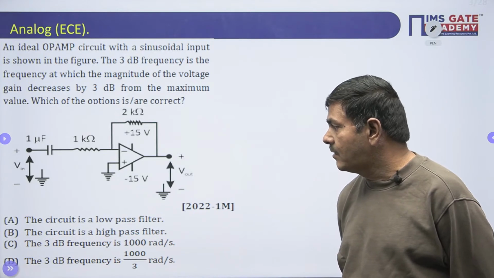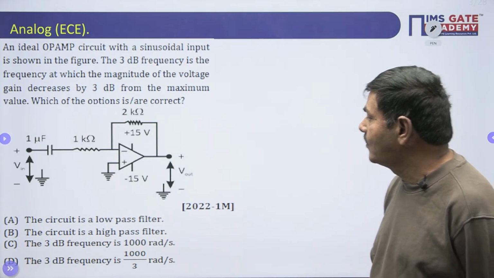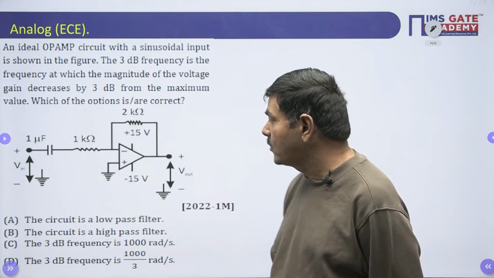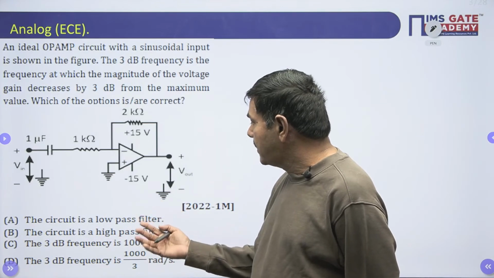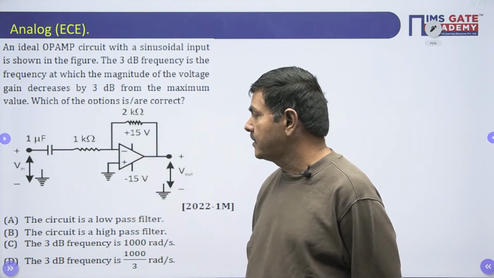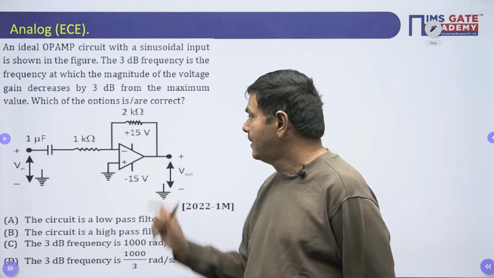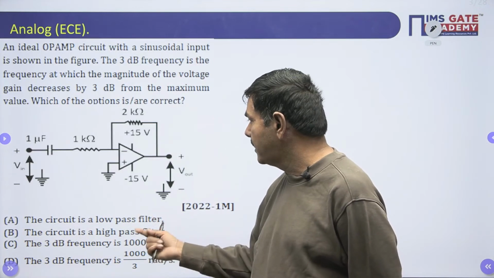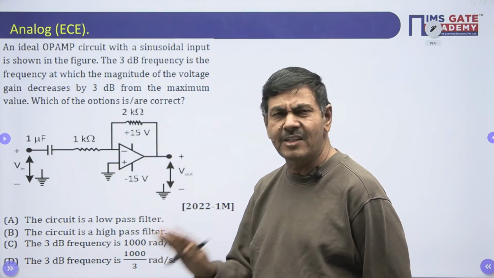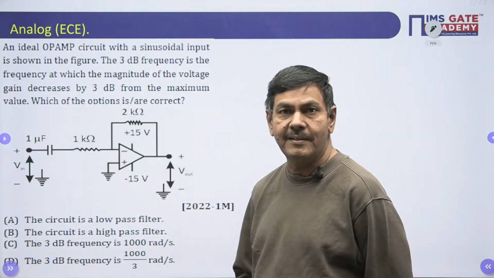Here, 2 points you have to remember. Is it a low pass filter or a high pass filter? We need to identify that first, based upon the given options. The given network is a low pass filter or a high pass filter; we need to identify the type of the filter at first from the given problem.